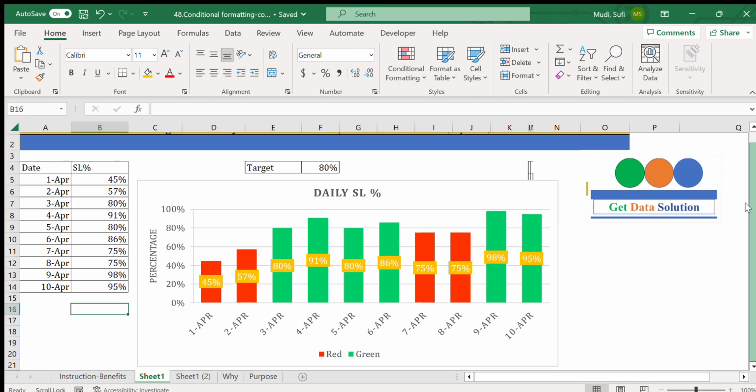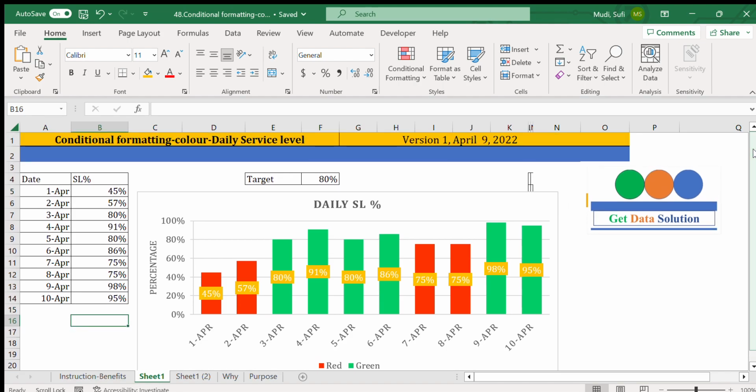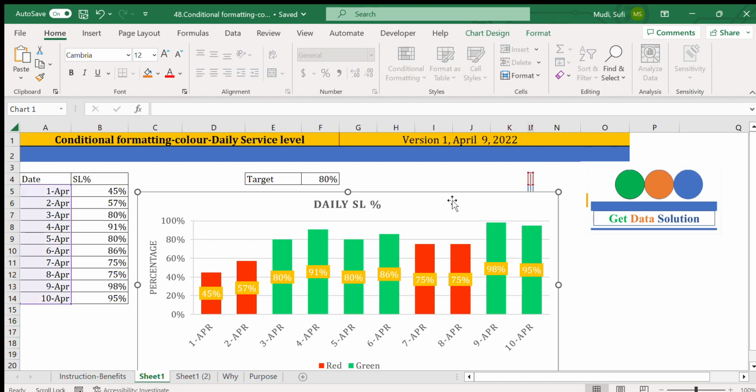And in this case I have used the service level, but you can actually rate your production. Even for production we can use this type of chart, or for any other related purpose. You can use it for service level rating, for production level, or even for sales.